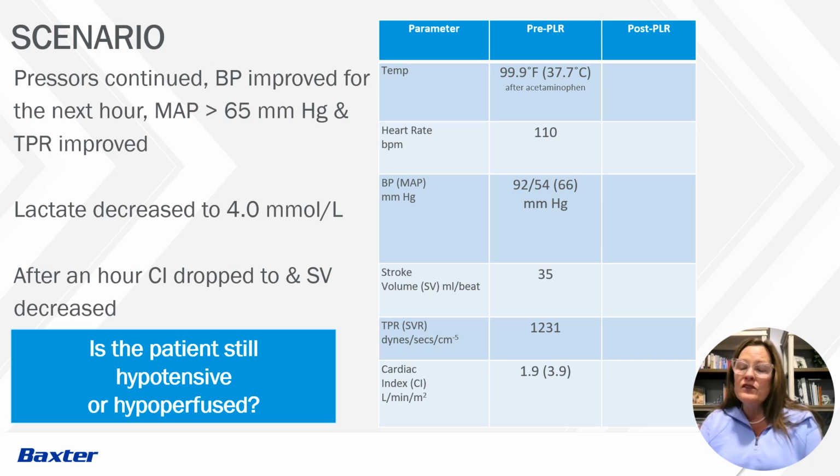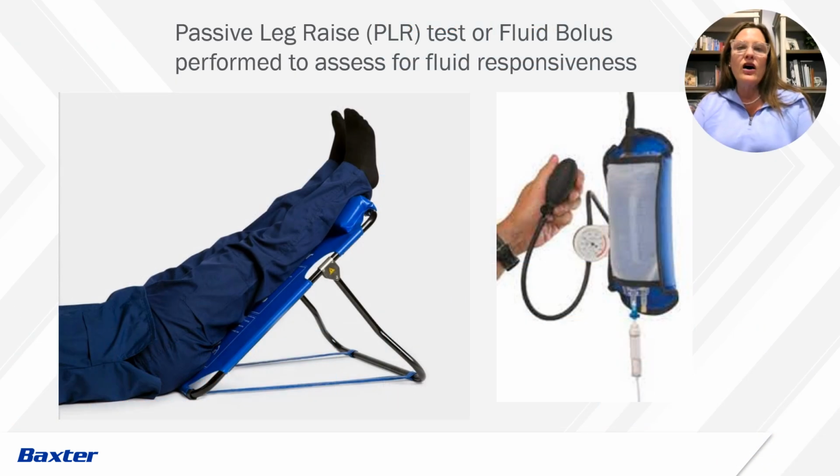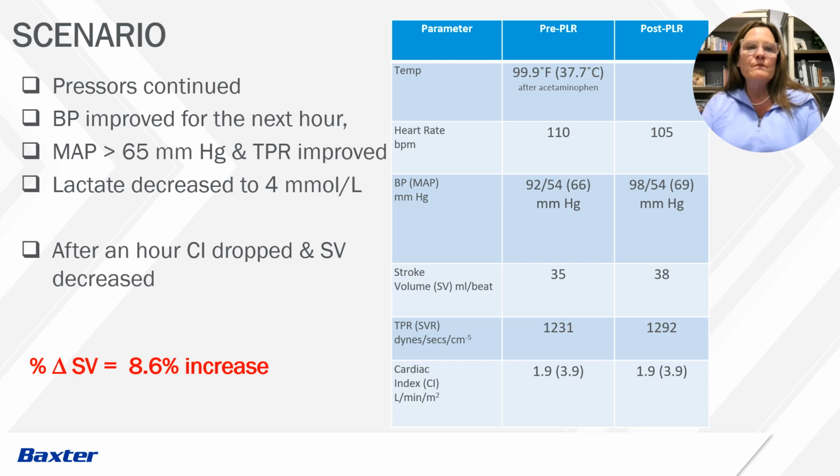Because even though their mean arterial pressure is normal, it's probably because we have so many pressors on board, but their cardiac index is less than 2. So that's a problem, and we need to focus on that. So based on that assessment, they deserve a dynamic assessment, right? So we're going to do another passive leg raise or a fluid bolus, whichever is the preference of your institution.